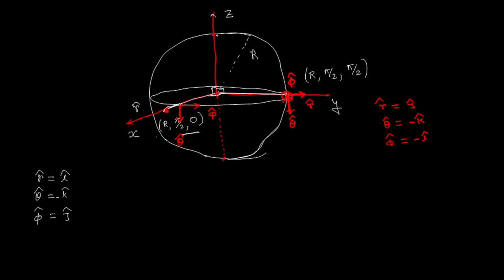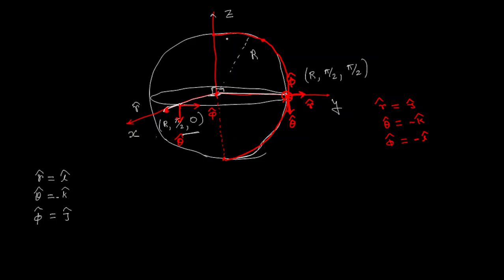So if we draw a semicircle on a sphere from north pole to south pole, taking the center of the sphere as the center of the semicircle, and then if we draw the tangent on this circle at any point from north pole to south pole, in the direction north pole to south pole, that tangent actually gives you the direction of theta cap.